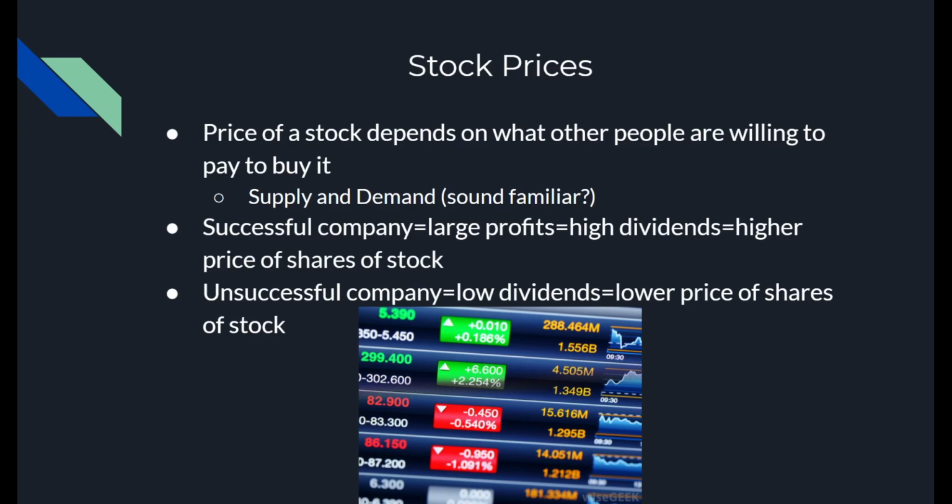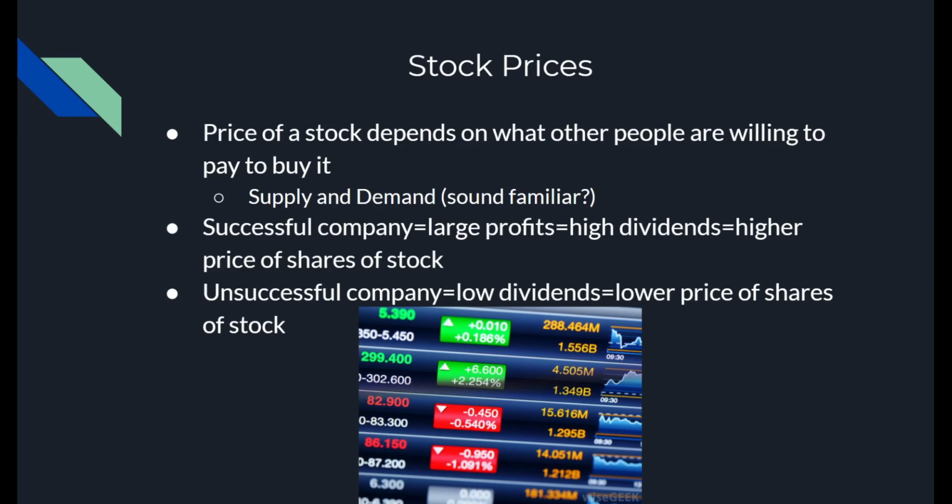The profits are not that big right now, but as you can see, their shares are over $150, right? This kind of varies, but with biotech companies, it's kind of different. But for the general market, this is kind of the rule for them. Unsuccessful companies, low dividends, lower price of shares of stock.